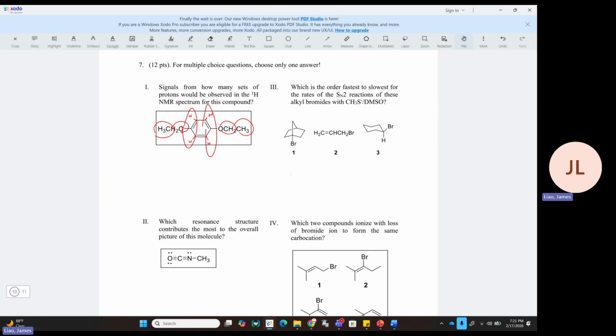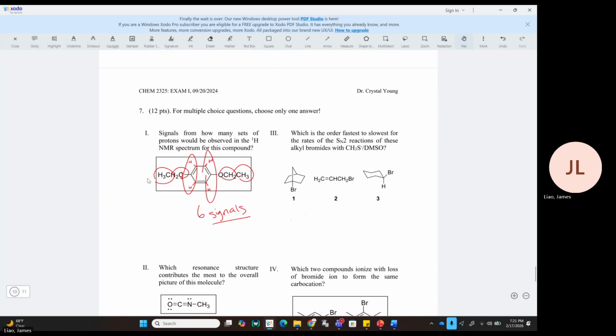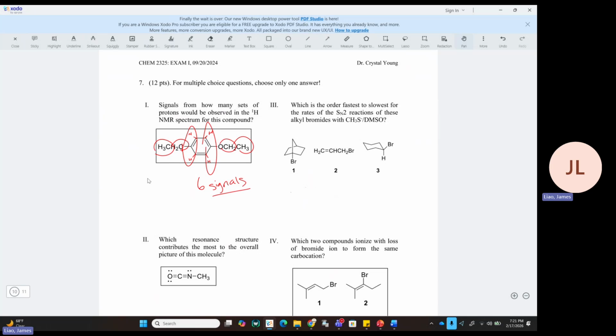So that's why there are actually 6 distinct signals for this molecule. Because you see that oxygen atom right over here, so this one will be different than this one.